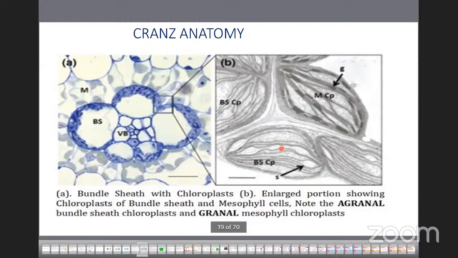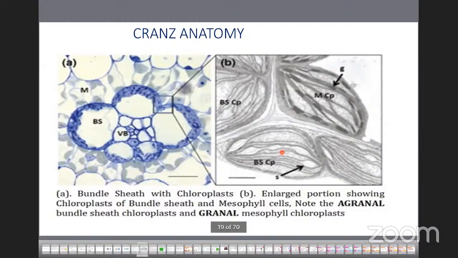See here, these light color strand-like structures are stroma lamellae. And we are not observing any dark color places which are found in mesophyll cells. See, these dark color structures are nothing but grana, isn't it? And here in agranule type, we are not seeing any dark color structures.